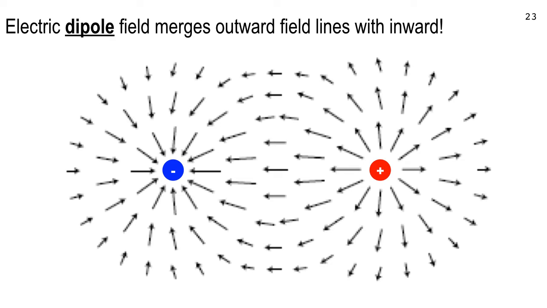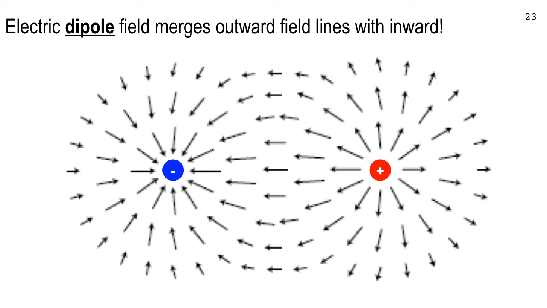You can notice that this dipole field is symmetric left to right, and it's symmetric top to bottom. This arrow up here in the middle and above is leftward, and so is this one down here at the very bottom in the middle.